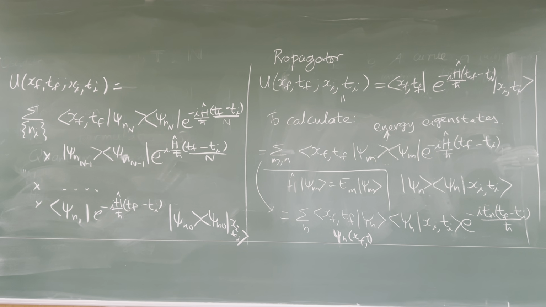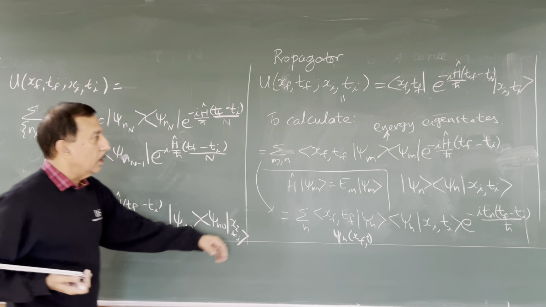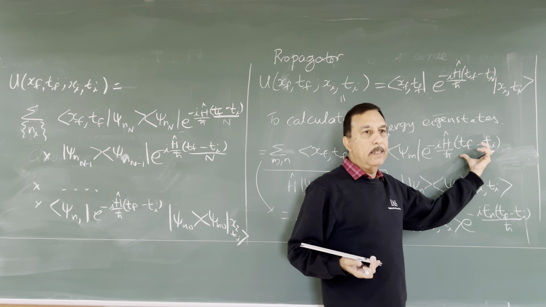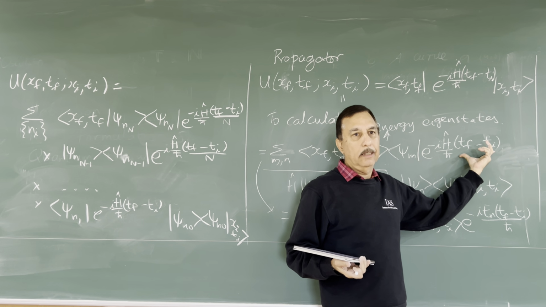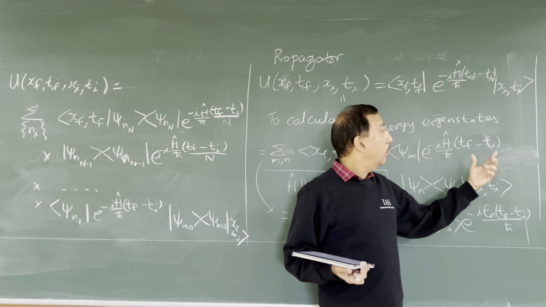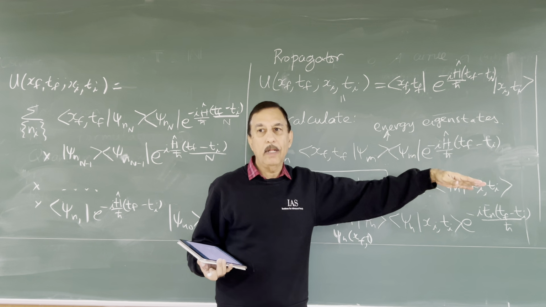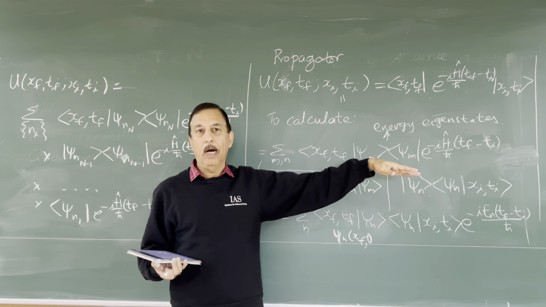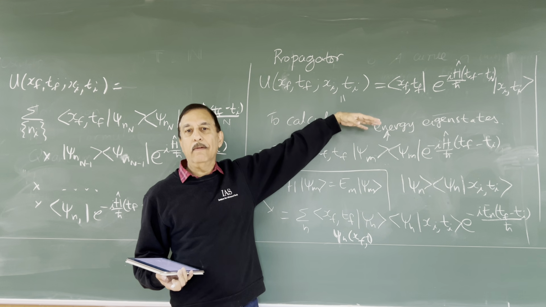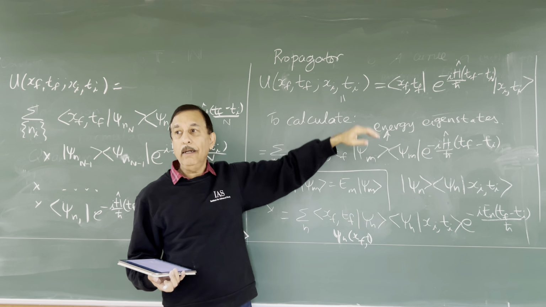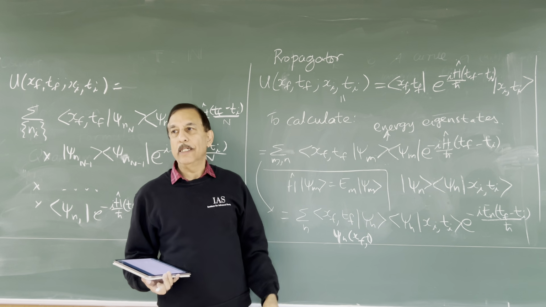Okay. So what I did was, I noticed that there's a time interval tf minus ti and I broke it up into capital N equal parts. In that picture which I drew for you, instead of that dotted line at time t bar, which was arbitrary, I put N dotted lines at times t1, t2, t3 up to tN, exactly at equally spaced intervals.